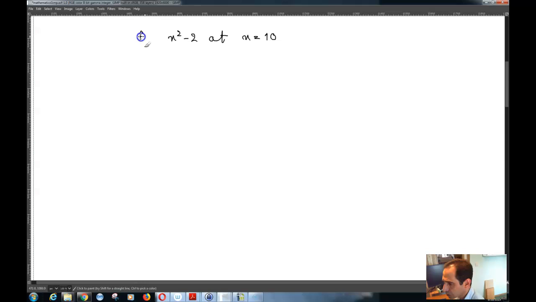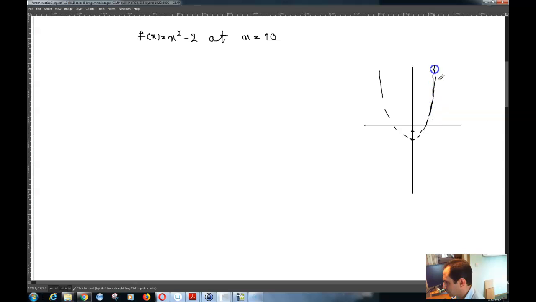So suppose that this is a function f of x is equal to x squared minus 2. This is going to be a parabola, something like this, but the vertex of the parabola is not at the origin but shifted down 2 units.